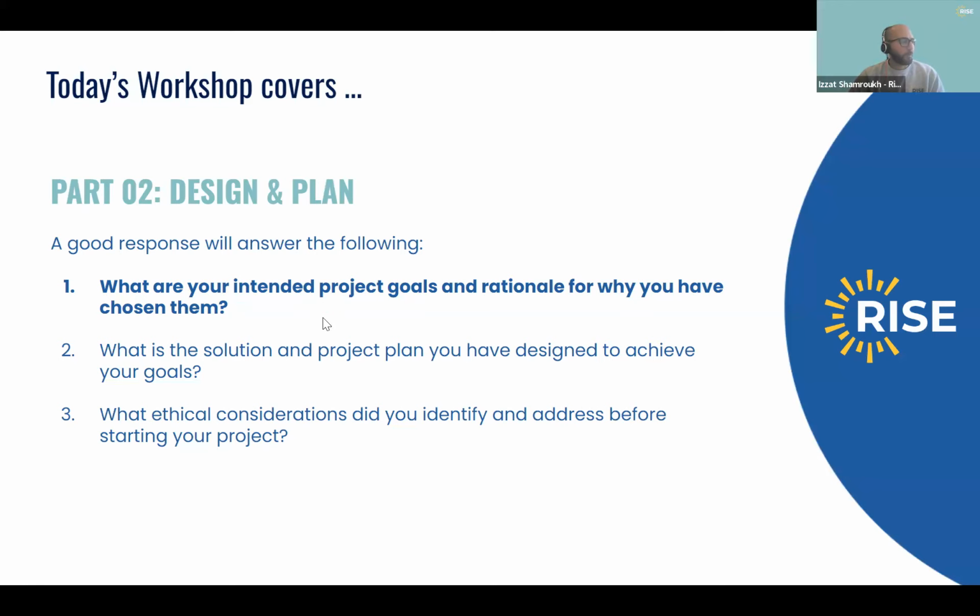The first one is, what are your intended project goals and rationale for why you have chosen them? What is the solution and project plan you have designed to achieve your goals? And what ethical considerations did you identify and address before starting your project? So these are the 3 questions. Today we will cover the first question, and then next week we will cover the two questions down here.